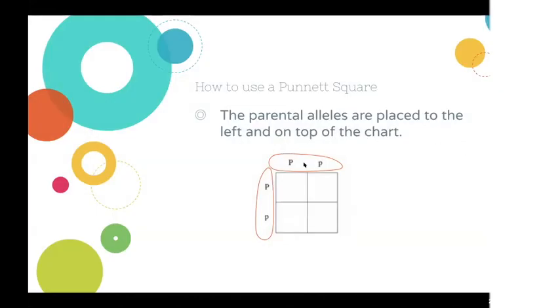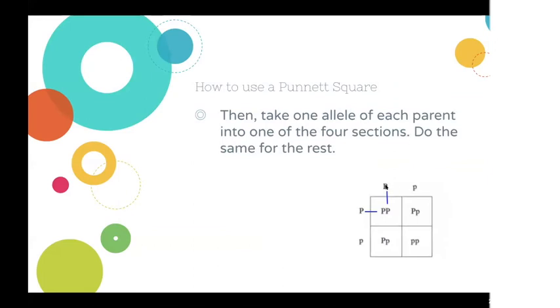So just like this. And then after you place the parental alleles on the top and the side, you will take one allele from the mother and then drag it down into the correlating box and do the same with the other parent. And then just like this.